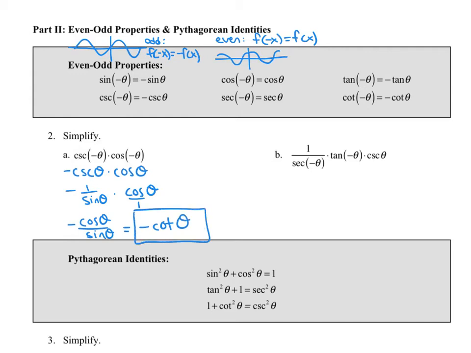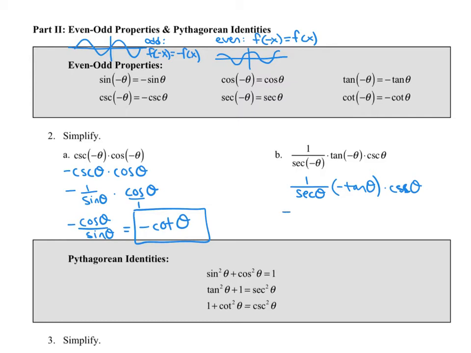In the next one, again, I'm first going to apply my even and odd properties. Secant of negative theta, it's an even function, so we get 1 over secant theta. That negative goes away. Tangent is odd, so the negative comes out front. And I don't do anything with my cosecant theta. I'm going to move that negative way out to the front.